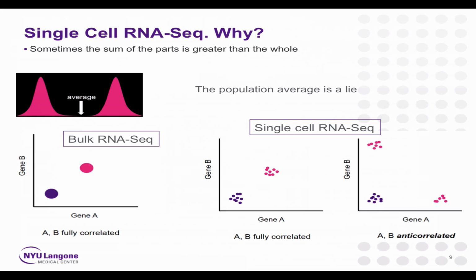So for example, on the right-hand side, for gene A and gene B, if they are fully correlated, then it doesn't really matter if you're doing bulk RNA-Seq because it will look the same. But if they are anti-correlated in the different populations, then you would get completely different results. And this is a good way to identify subpopulations of cells in a heterogeneous cell population.